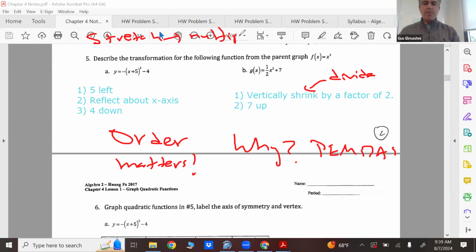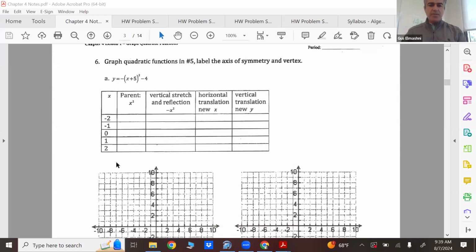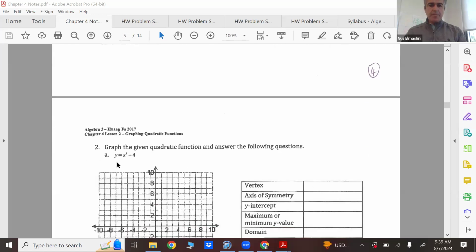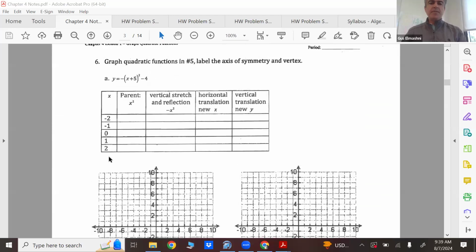I'm dividing by 2, not by half, because that would be counterintuitive, right? If I transform the y values, I divide them by 2 first, then add 7. That's why it's a shrink by a factor of 2. And we'll actually look at some graphs like that in just a little bit. Yeah, we will for B. That's good.